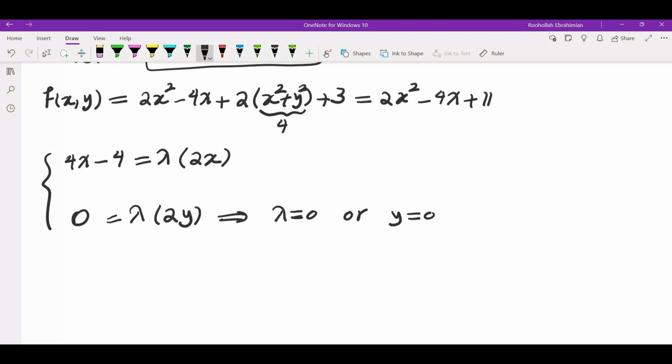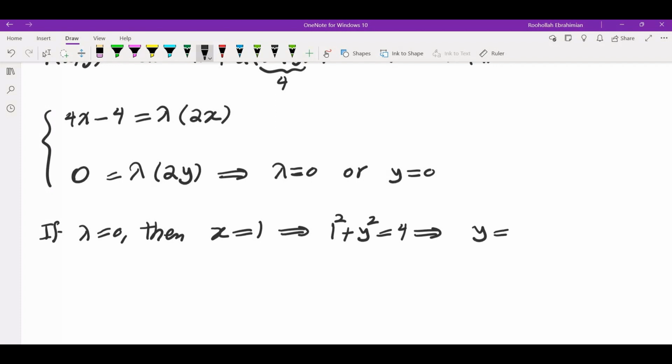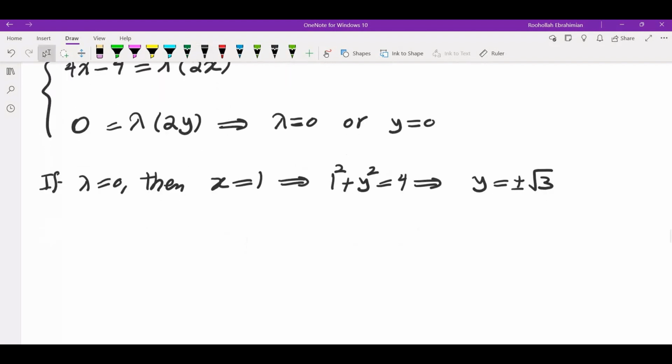Let's try both of them. If lambda is 0, then we get x equals 1 because the first equation gives us x equals 1. And since x equals 1, we have 1 squared plus y squared equals 4. So we get y equals plus or minus root 3. So we get 2 points from here.